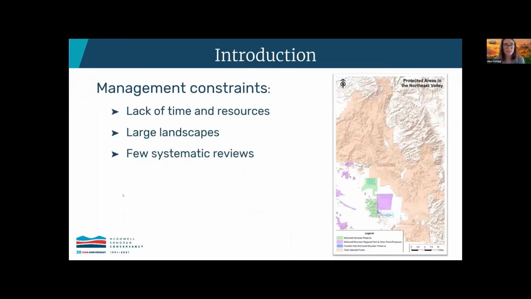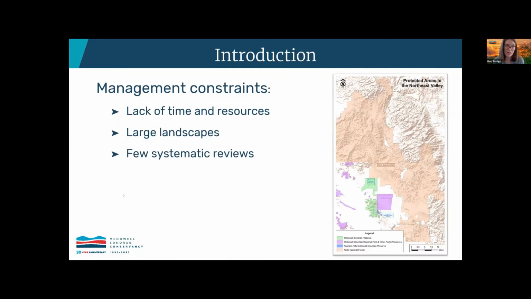But as we've learned, both from the introduction in my presentation and then in Paul's presentation, it takes a lot of time and effort to work on these types of projects, and there's a lot of management constraints. These barriers include things like lack of time and resources. We're working on very large landscapes, and if you're looking for small degraded sites within a large area of land, it's very difficult to do from the ground.